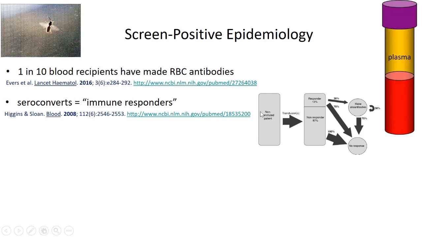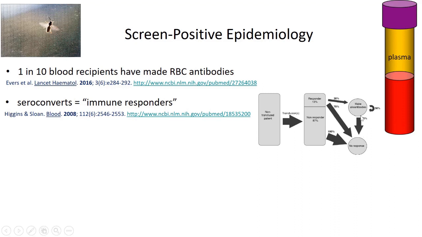And in this famous blood paper by Higgins and Sloan, what got modeled out was a responder proportion of about 13%, based on what was deconstructed to be a 30% seroconversion rate for disparate antigen exposure outcomes with a 70% non-response rate.